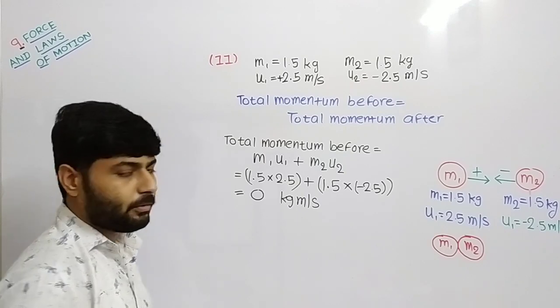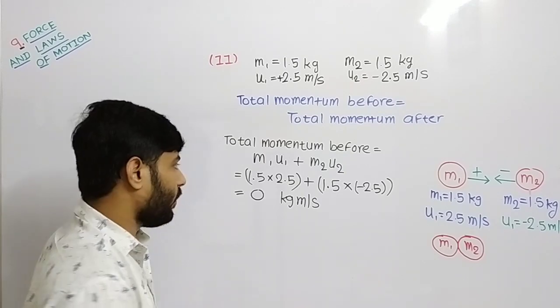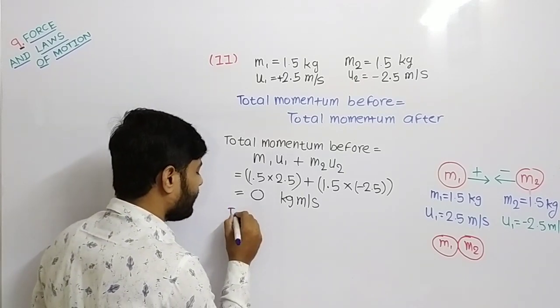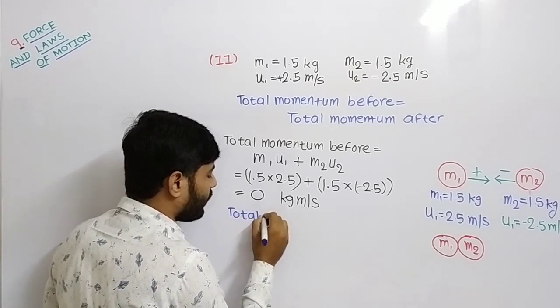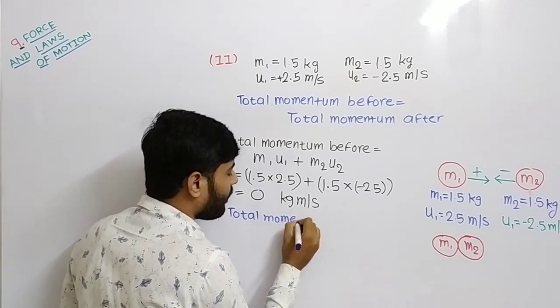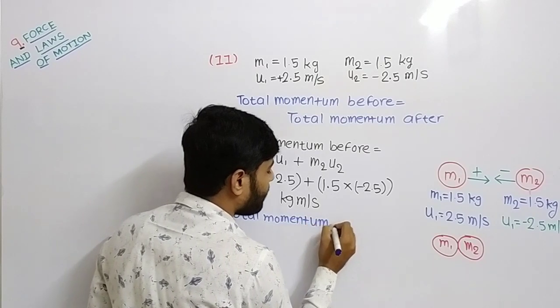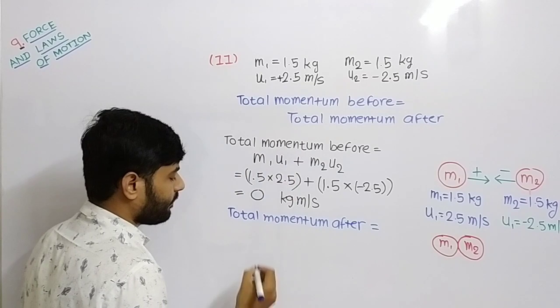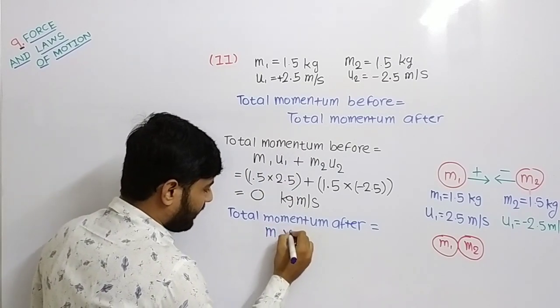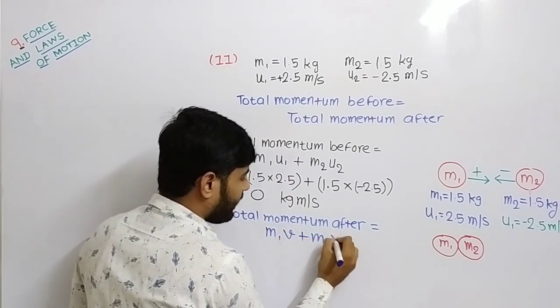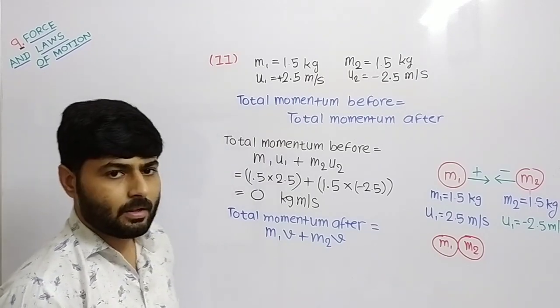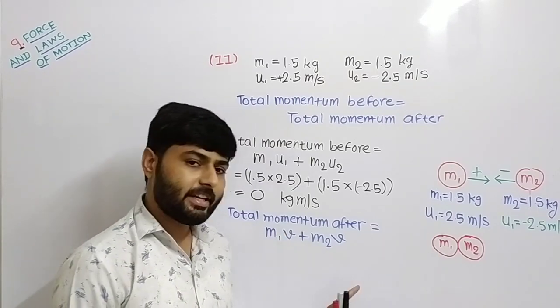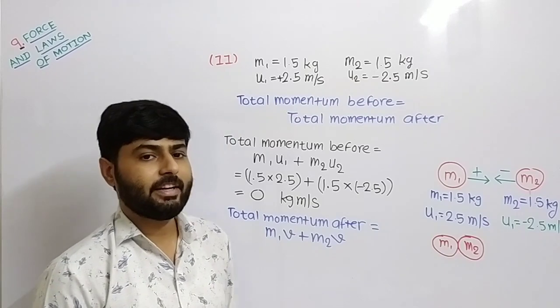Now we have to find the momentum after collision. So I write total momentum after collision is equal to m1v plus m2v. Why do I write only v and not v1 and v2?